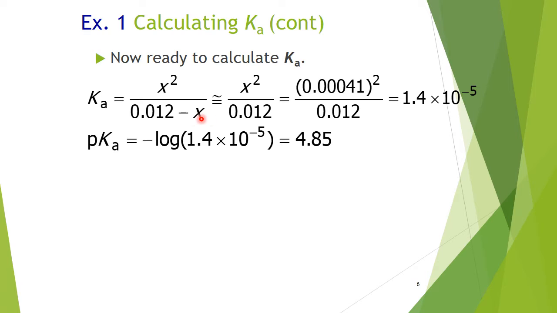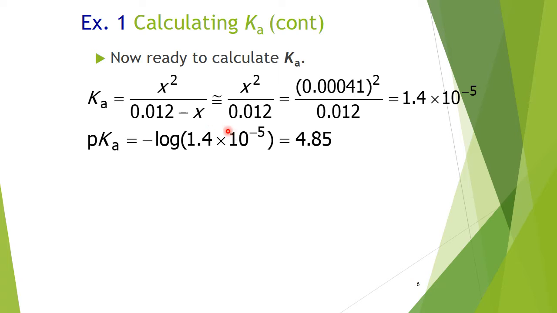If the Ka is 100 times or more less than this number here, then you can assume that X has no influence on this value here, because it would be so tiny it would hardly change this value at all.